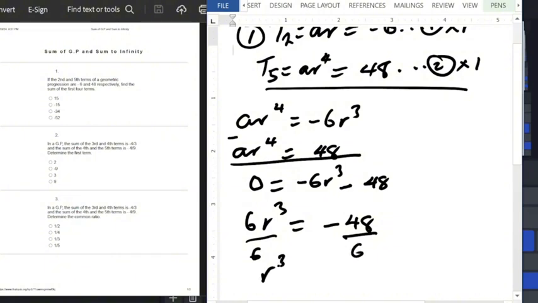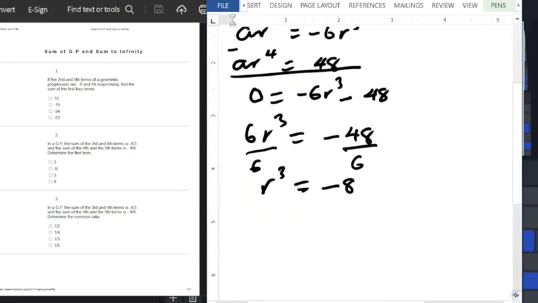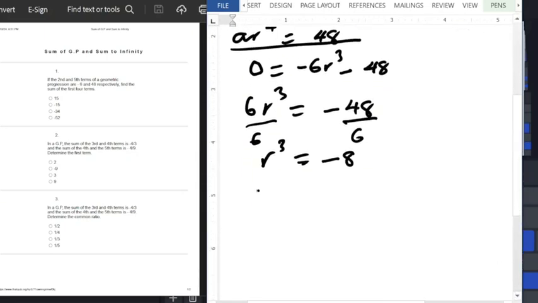So R cubed equals -8. So if R cubed is -8, we are going to have R raised to power 3 equals -2 raised to power of 3. So -2 raised to power 3 is -8. So since the powers are the same, we cancel out the power. So R equals -2.